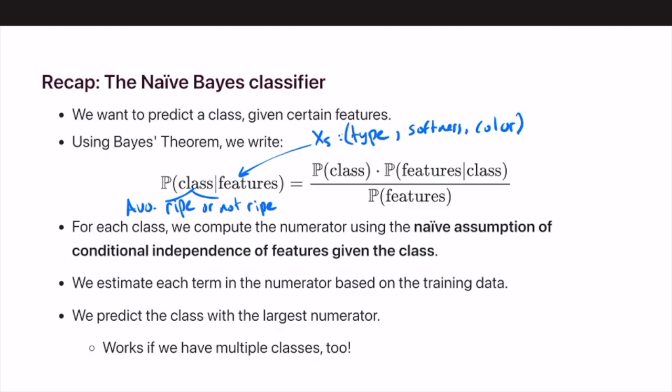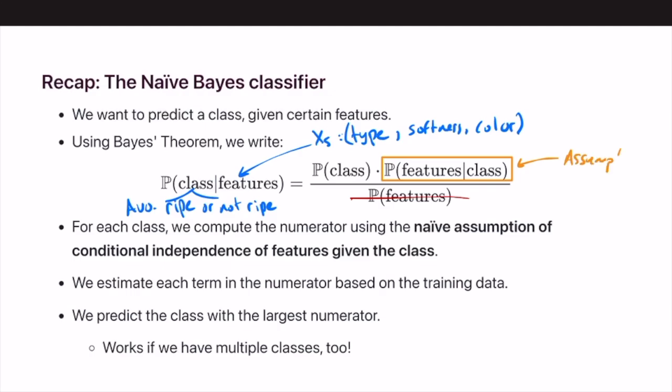And we also saw that we really didn't need to calculate the probability of features as the denominator because it was the same for all classes. But what we did need to figure out was the probability of features given the class. And it was nice that we were able to make an assumption here.